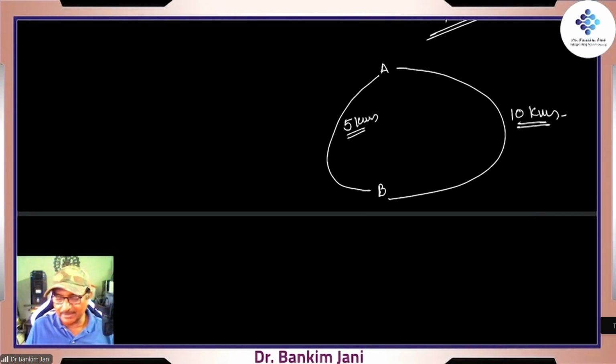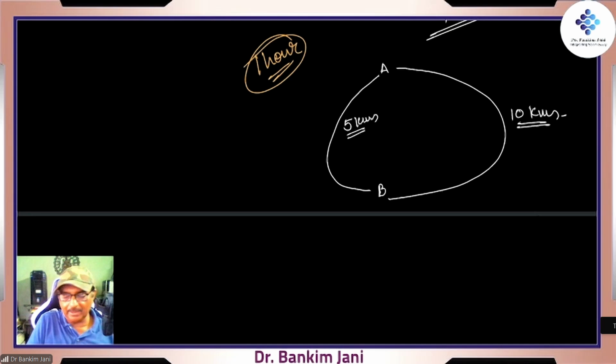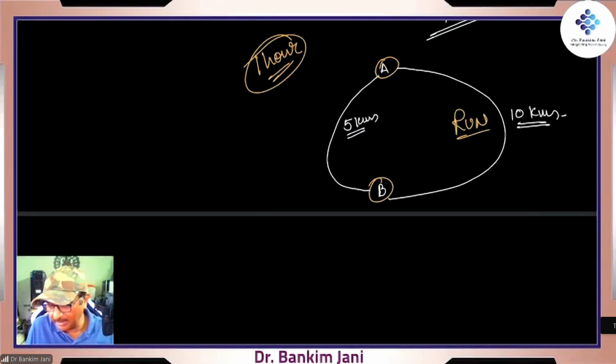In both cases, you have got 1 hour. In 1 hour, you are supposed to cover this distance. If this is the distance from A to B and you have to cover 10 kilometers, then you have to run at a marathon speed, because only then will you be able to cover the distance. When it is B to A, 5 kilometers, a simple walk is enough, because the distance is less, correct?